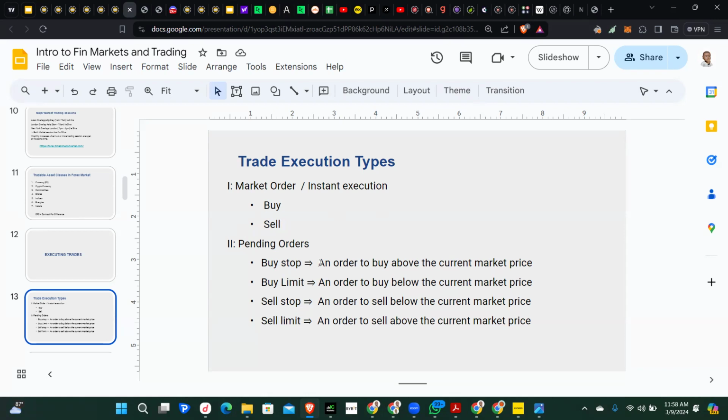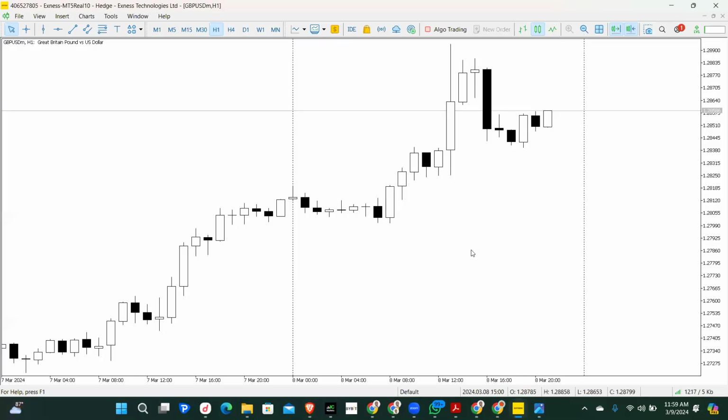Now, a buy stop is an order to buy above the current market price. Let me go back to this MetaTrader, this MT5.